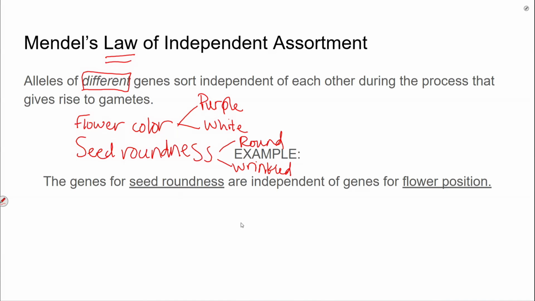So purple and white are the alleles for the trait of flower color. Round and wrinkled are the alleles for seed shape, okay? So here we're talking about the alleles of different genes sorting independently of each other during meiosis.